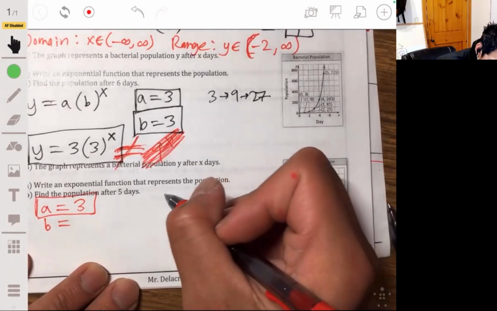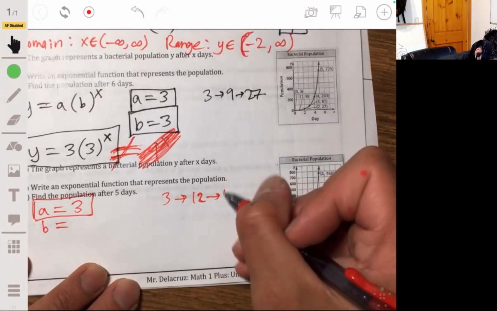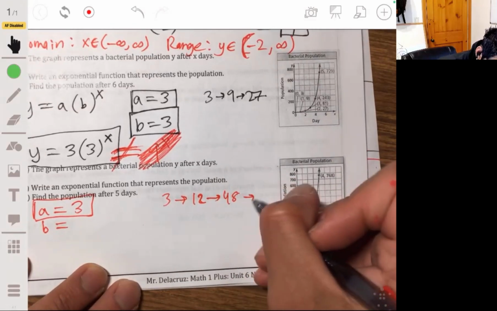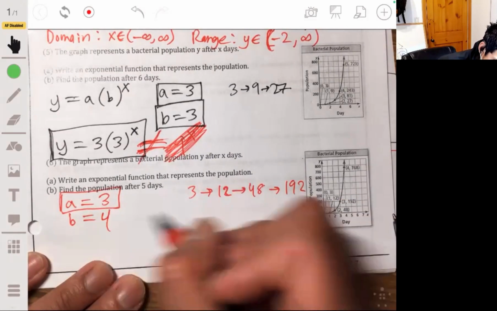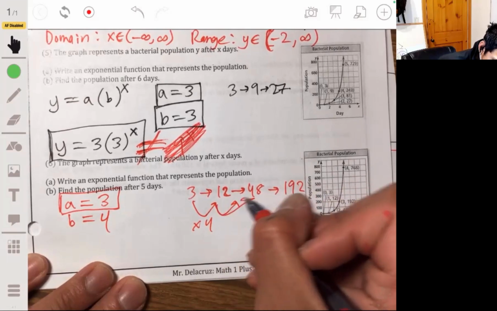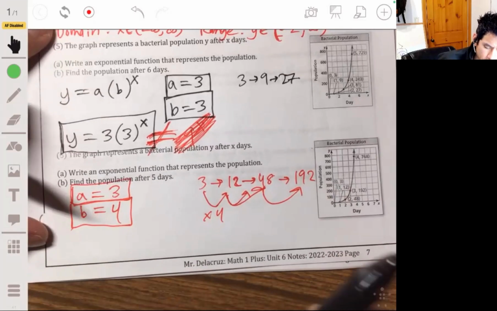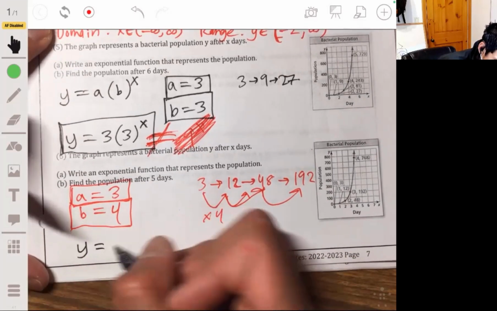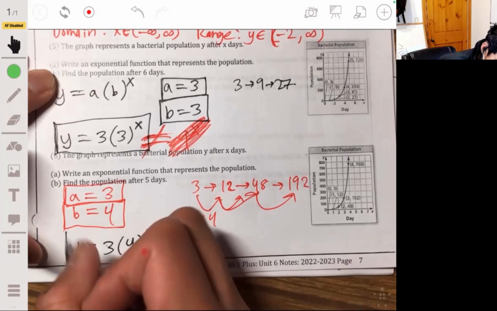And then we go from 3 to 12 to 48 to 192. And so the base will be 4 because you're multiplying by 4 each time. Oops, the b is 4. And so we combine them to make our equation: y is equal to 3 times 4 to the x power.